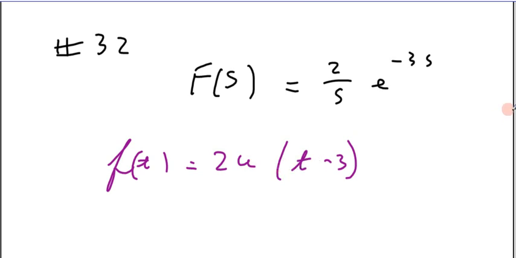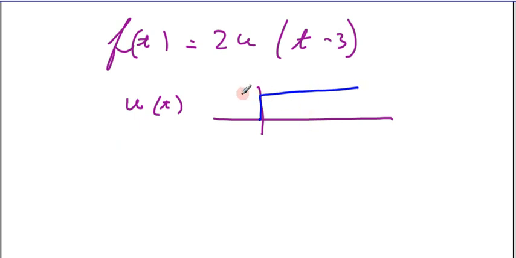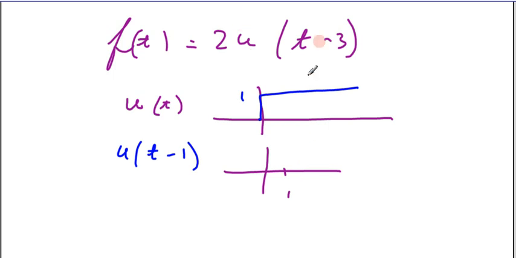So, what is the unit step function? So u of t looks like that. It starts here, goes there, boom, up to 1. u of t minus 1, there's a 1 there, and it looks like that.